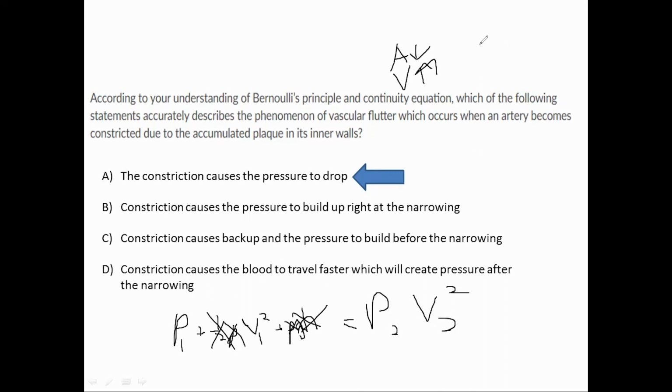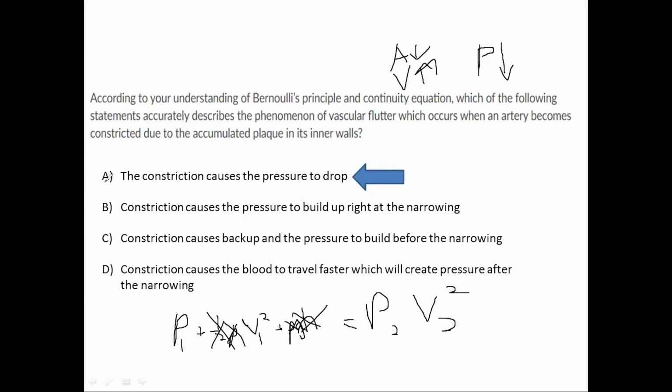Because velocity went up and all of the other variables stayed the same except for pressure, pressure is the only variable that can change. Pressure has to go down. So that means the constriction causes a pressure drop.